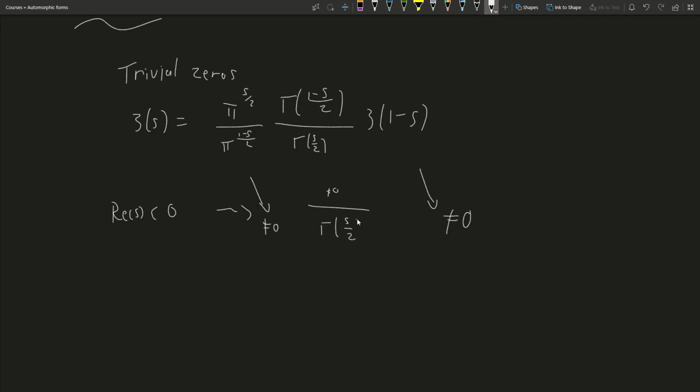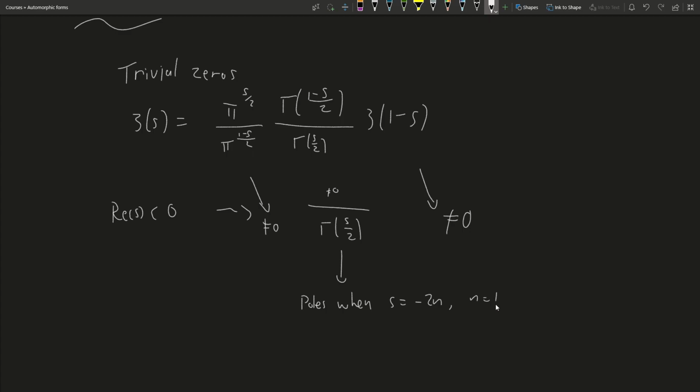Gamma of s over 2 has poles when s is minus 2n. Well, I'm not going to count 0 because we're looking strictly less than 0.